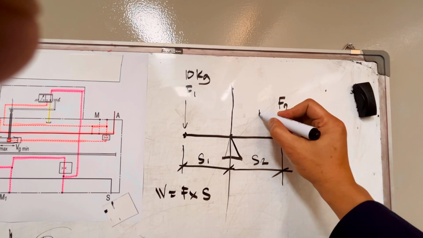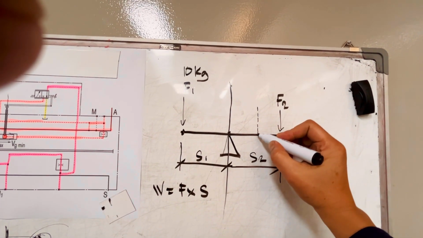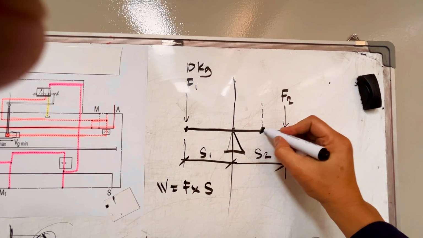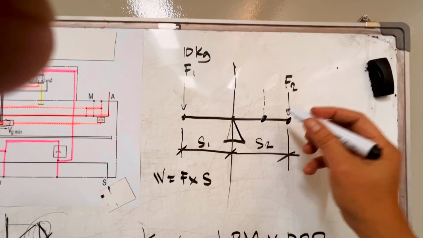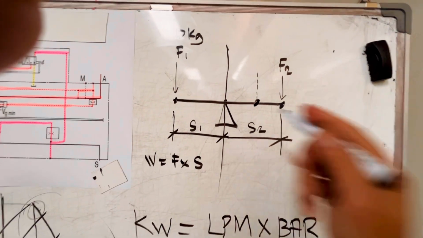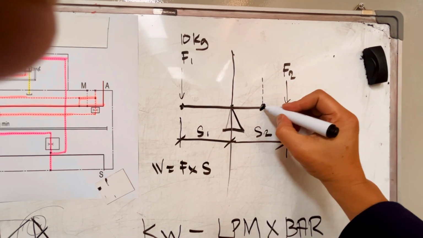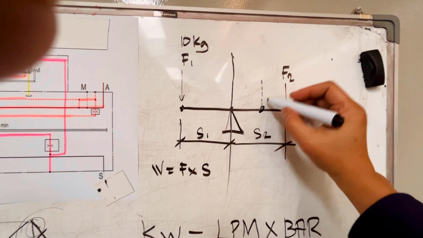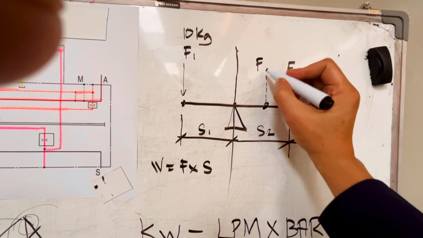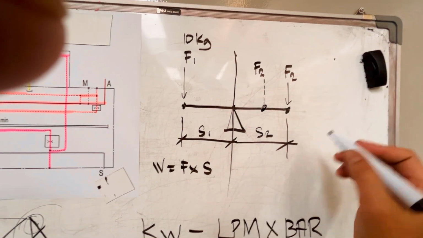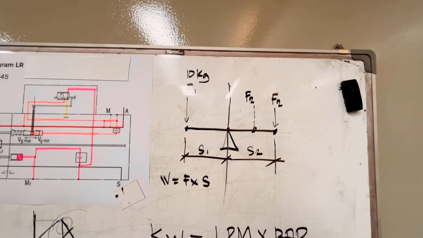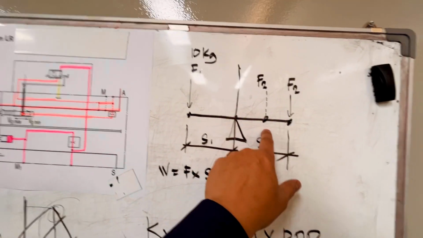Let's say this is the thing. So this point here, it stopped. So your piston now, because it balanced, stops here, and then this is F2. So it stopped here.